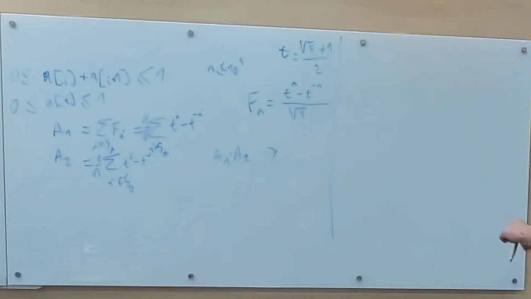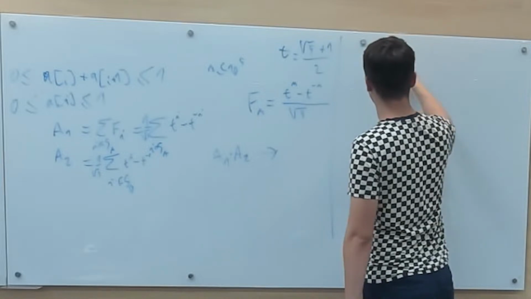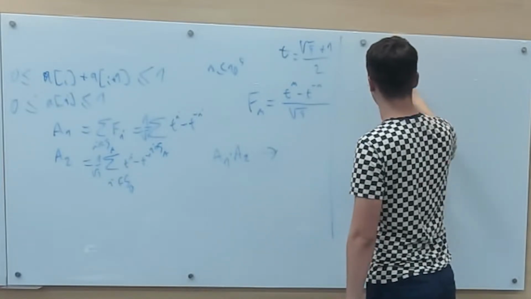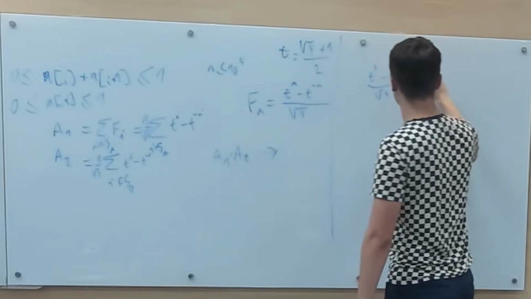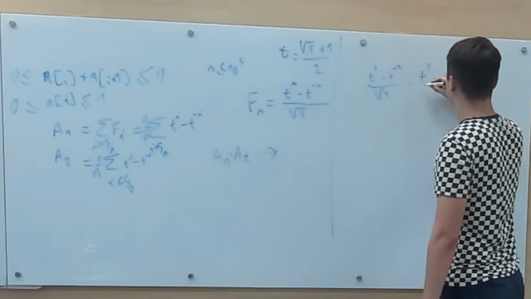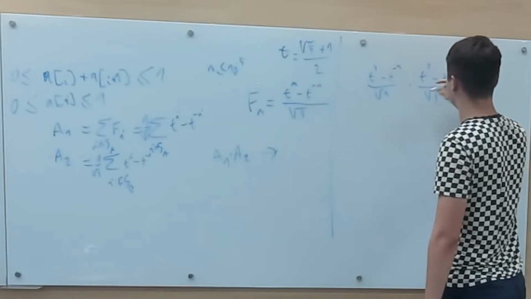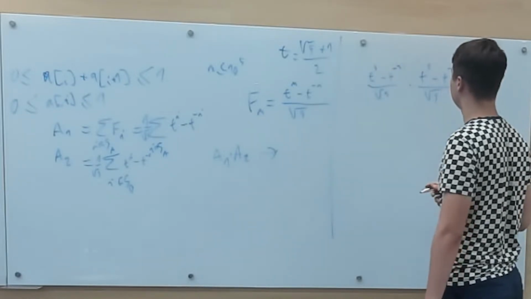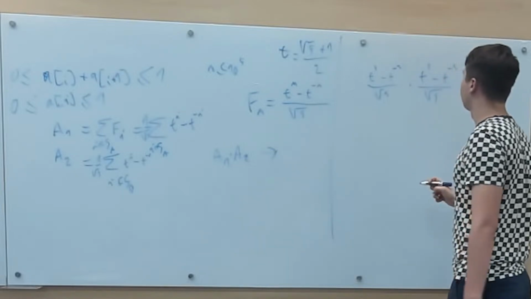Okay, so let's do t to the power of 3 minus t to the power of minus 3 by square root of 5, times t to the power of 5 minus t to the power of minus 5 by square root of 5. Okay, what happens here?